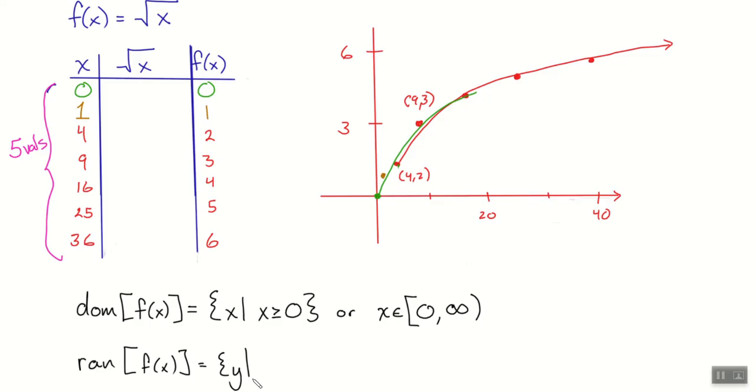It starts to slow down for sure, but does it ever stop getting bigger? So what's the range? Ooh, it's not infinity to infinity. 0 to infinity, that's the interval form. That would be saying y is greater than or equal to? Indeed.